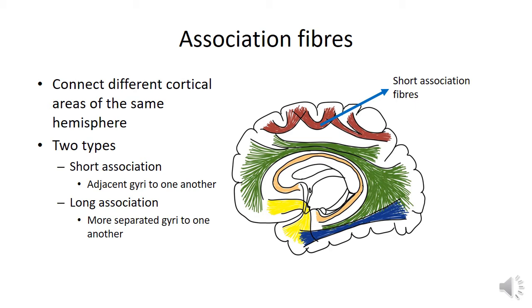Short association refers to fibers connecting adjacent gyri to each other. Long association refers to fibers connecting more separated or distant gyri.